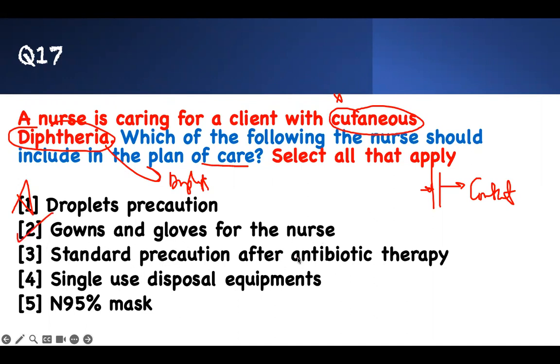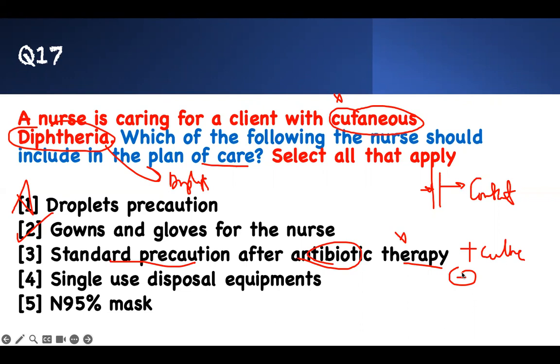Standard precaution after antibiotic therapy? No. You start standard precaution after antibiotic therapy, plus you've done another culture and it shows no diphtheria. After they start the antibiotic and they're finished, you do another test and make sure there's no signs of infection anymore before you can institute standard precaution.